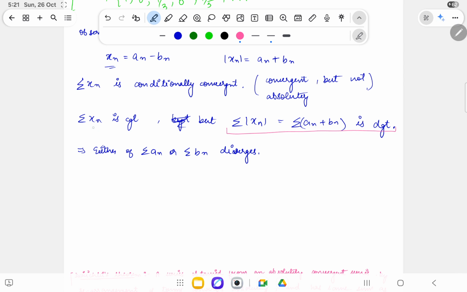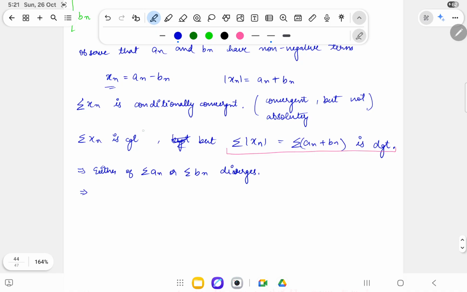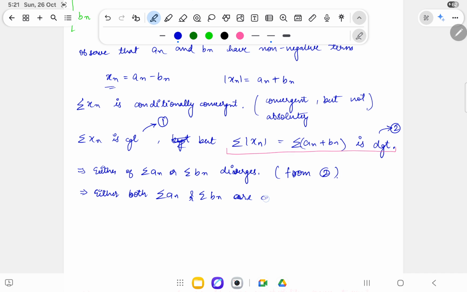Also from this term, that summation xn is convergent, we can conclude that either both an and bn are convergent. Let me name this as 1 and this as 2. So we concluded this from 2, and from 1 we can conclude that either both summation an and summation bn are convergent or both are divergent.